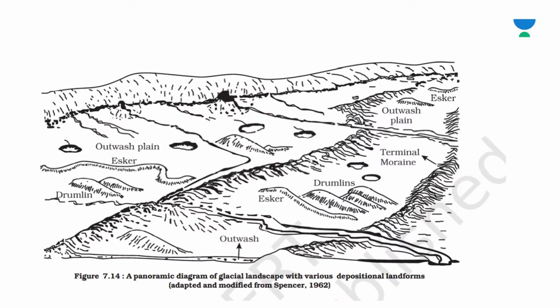Before that, we will discuss this diagram. See, as we have discussed, outwash plain, esker, terminal moraine, drumlin. Yes, here are also drumlins.